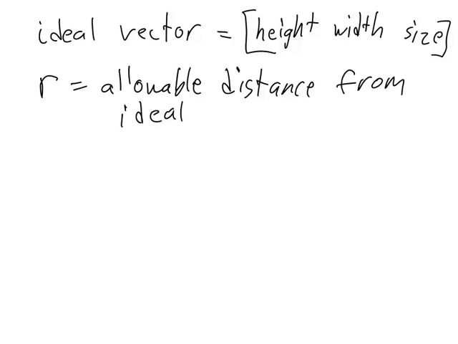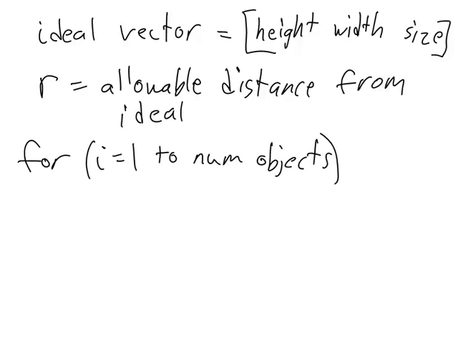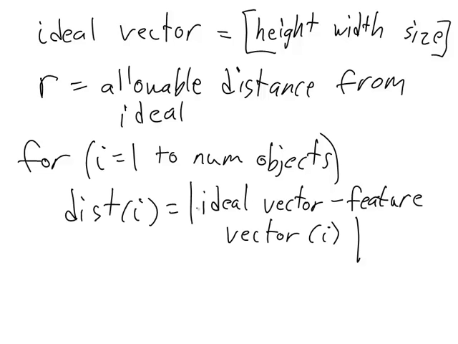Next, we would go into a loop that, like our last loop, cycles through all of the identified objects. Inside of this loop, we would calculate the distance between each feature vector and the ideal vector. Here I've shown single vertical lines to represent the absolute value of the difference between the ideal vector and feature vector I. Next, we'll check to see if the distance for object I is less than or equal to r.